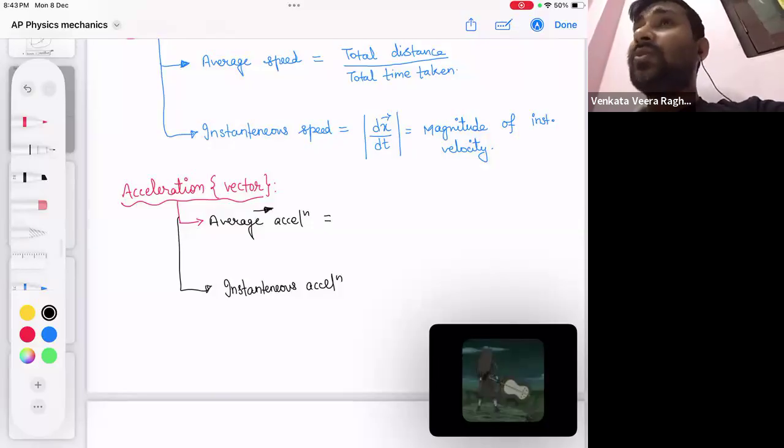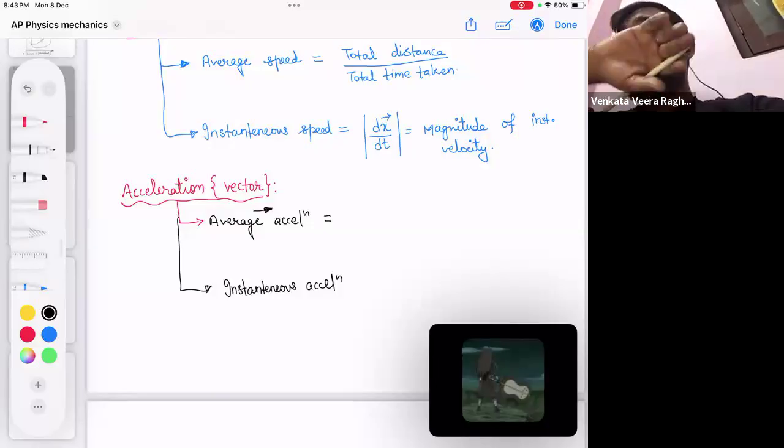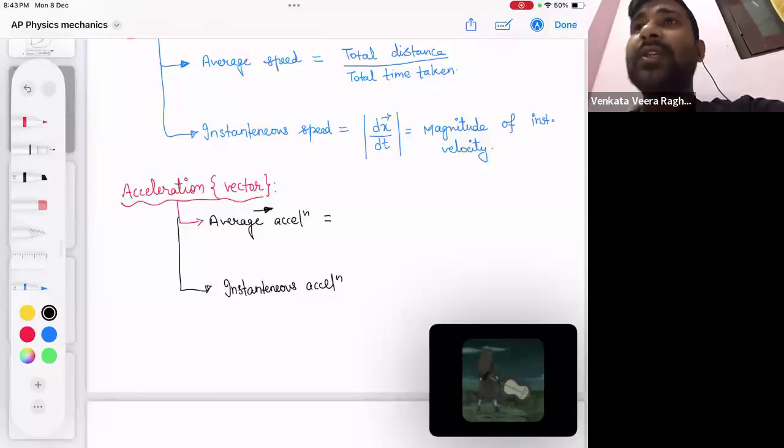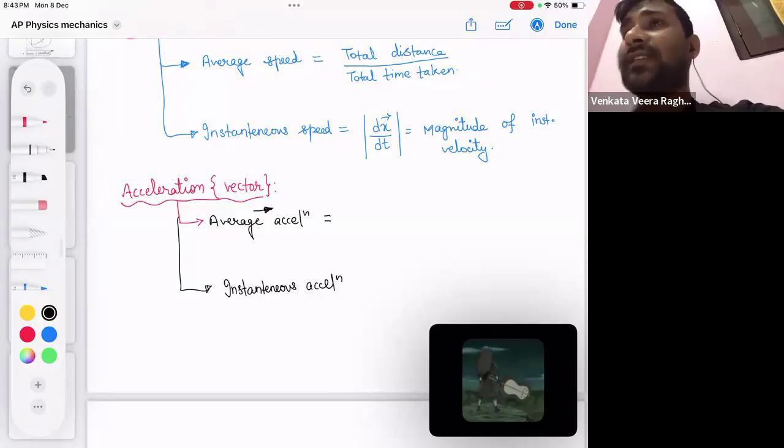Now, if you want to change the velocity, you have two options. What are the two options? You change the speed, velocity got changed. Correct? I want to change the velocity. What did I do? I just changed the magnitude of velocity. I said, yes, velocity got changed. We have the acceleration. Or else what?